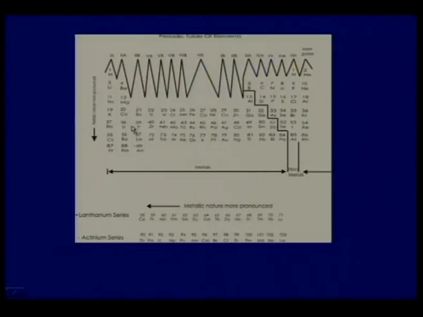Like they will be much more reactive towards acids than the metals in these areas. And because their reactivities differ, they form different kinds of compounds. The metals in this area, the kind of compounds they will form will be different from the metals in this area, the compounds that will be formed by metals in this area.